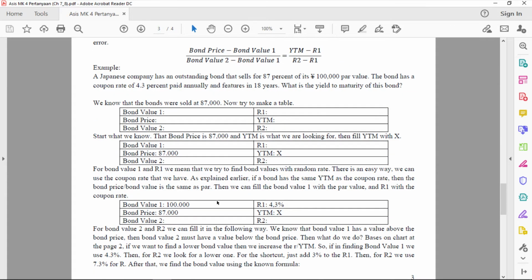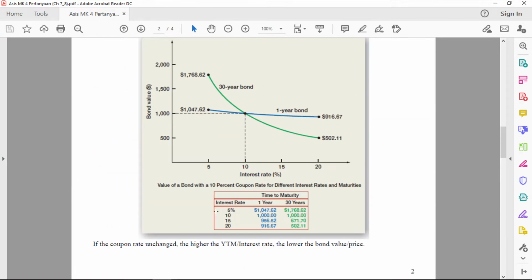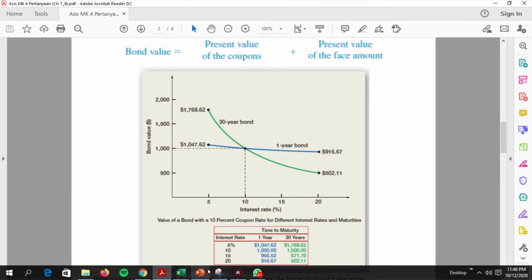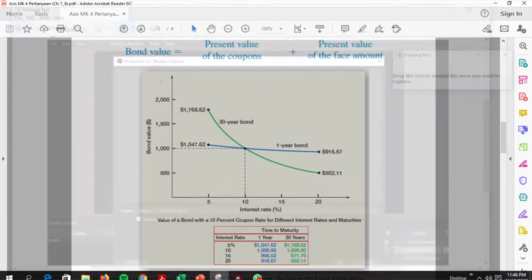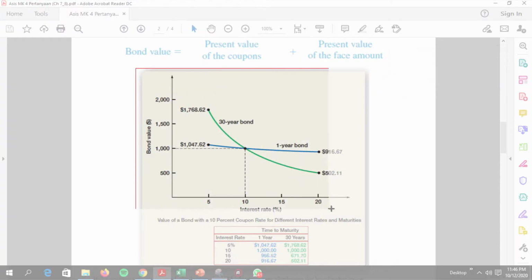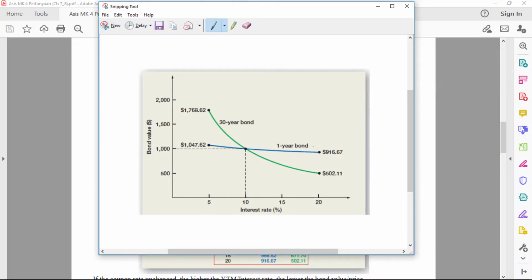Alright, so this is a really good example to explain. So this is the curve of the relationship between the bond's price with the interest rate, the yield to maturity.